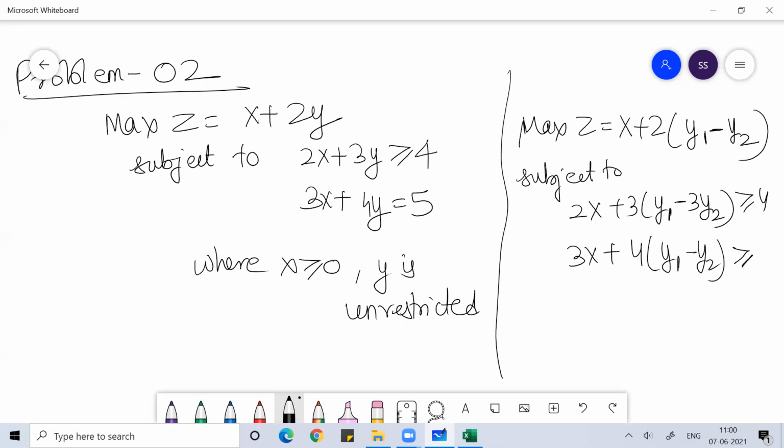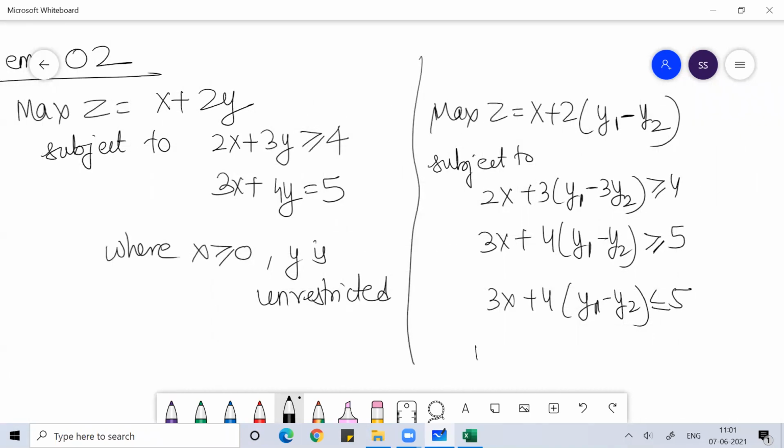Equal to 5 means greater than or equal to 5, or it can be 3x plus 4 y1 minus y2 less than or equal to 5. Where x, y1, y2 are greater than or equal to 0. Clear everyone?